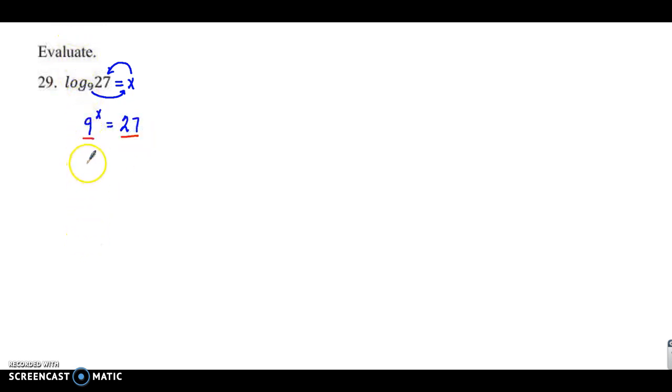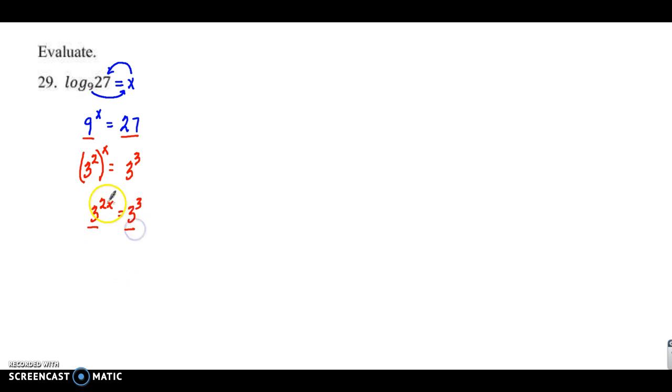Because I know that 9 is equal to 3 squared, then that is going to be raised to the x. And I know that 27 is equal to 3 to the third power. So when I multiply my power raised to a power, that would be 3 to the 2x is equal to 3 to the 3.